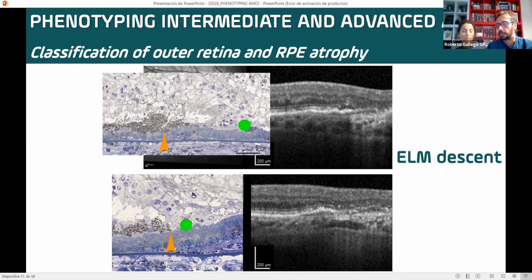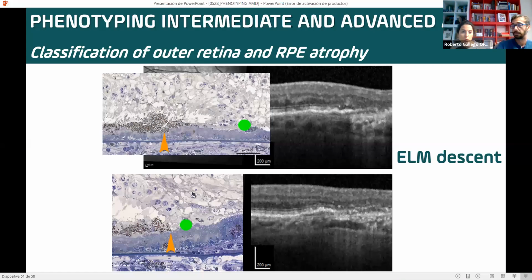So I have a question. There are a lot of new therapies for geographic atrophy, RORA, coming. Is this of any value? Another way of saying that, should they consider ELM descent as a primary anatomical biomarker for the efficacy of such treatments?